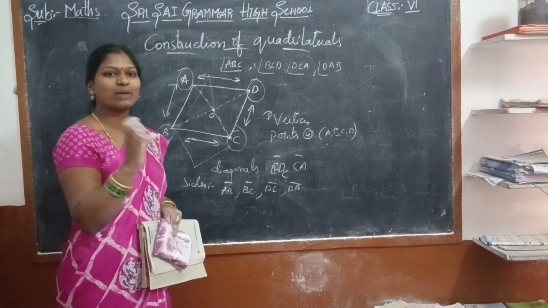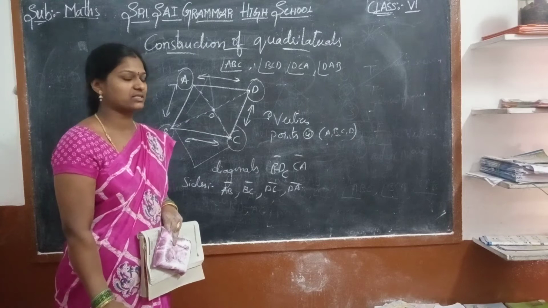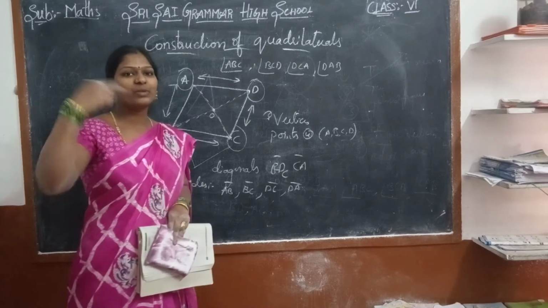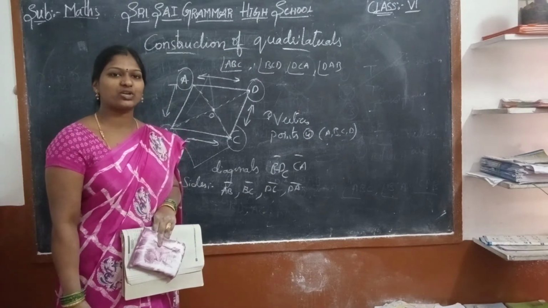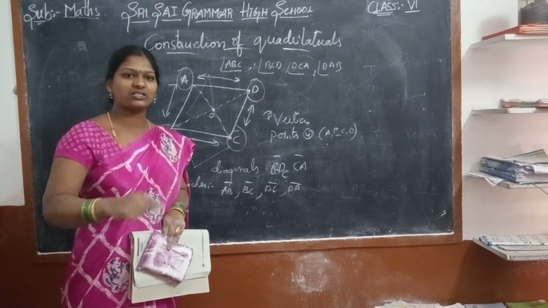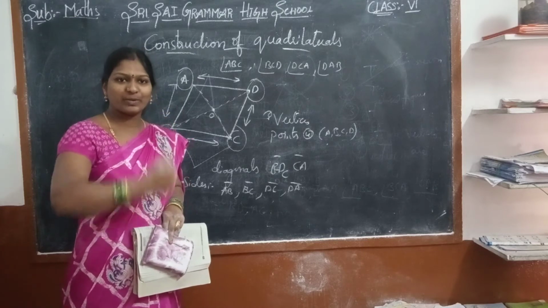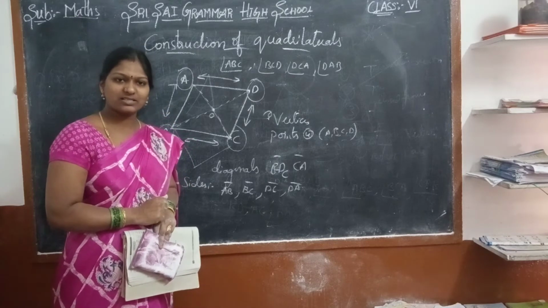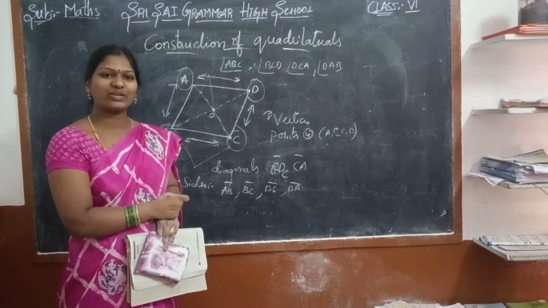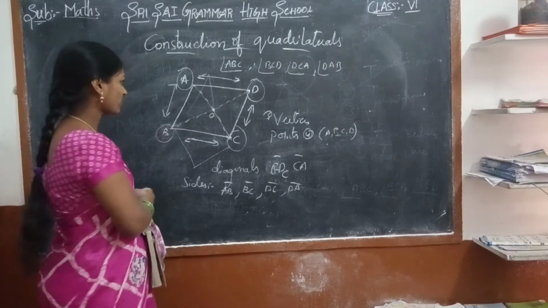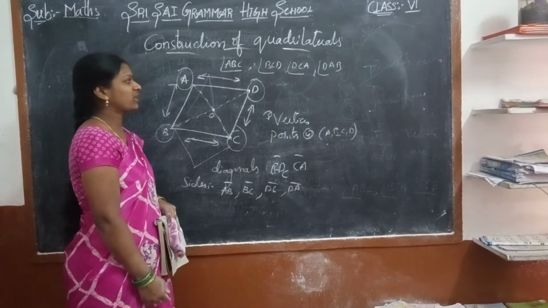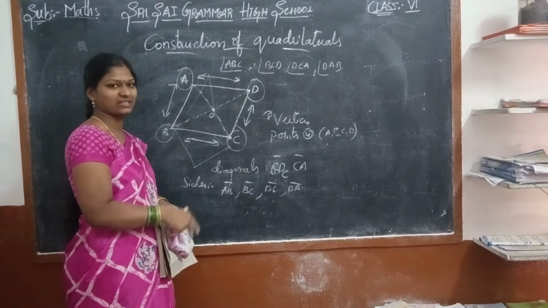We know some information about quadrilaterals from previous classes, but now in this chapter we learn construction of quadrilaterals. In earlier classes we learned construction of triangles, and how to represent a line: if they give the points, we join them and represent the figure. Here we have drawn a quadrilateral directly, but if they give only the points, how do we represent it?